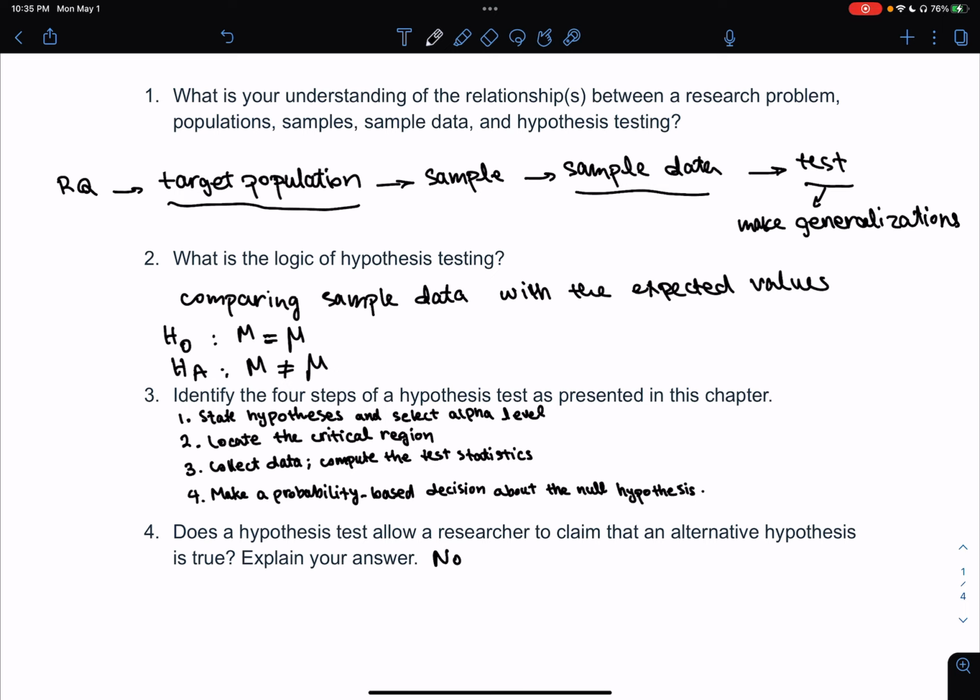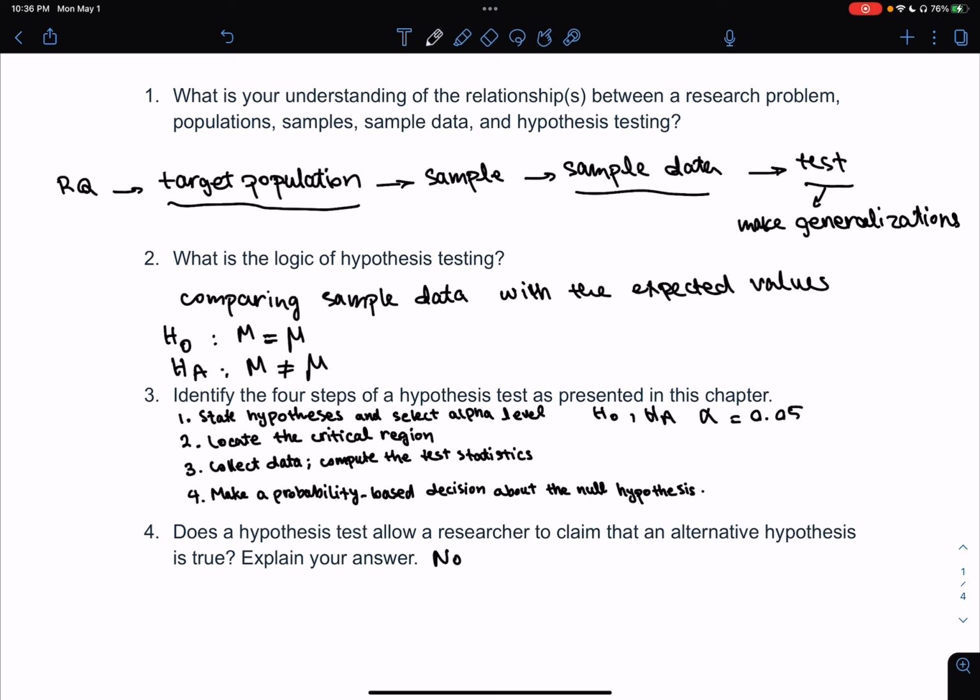Question 3, identify the 4 steps of hypothesis test as presented in this chapter. So first is state your hypothesis, so stating your null and alternative hypothesis, and select an alpha level. Alpha usually is 0.05.